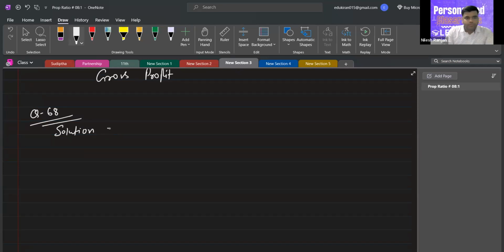Okay, so the cost of goods sold is given. It is 5 lakh.